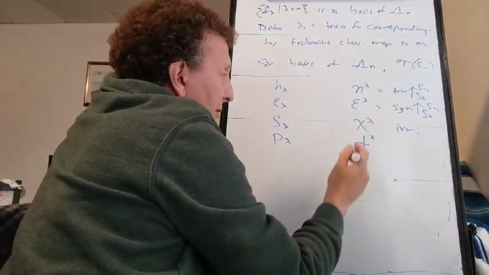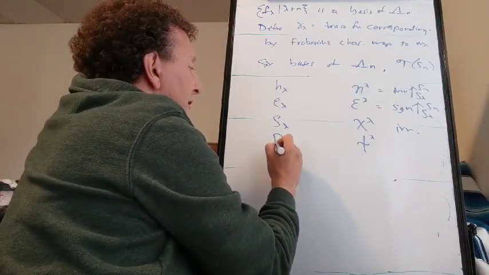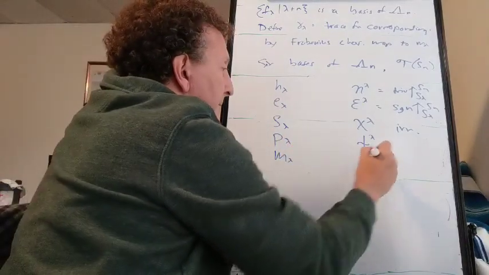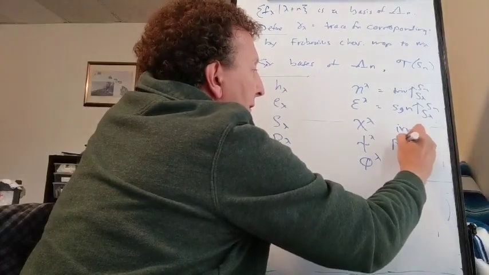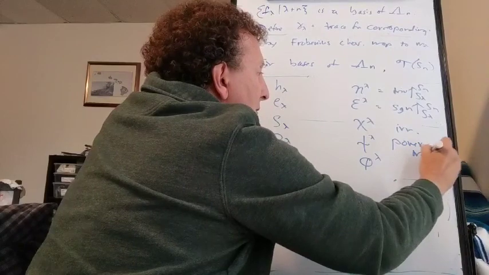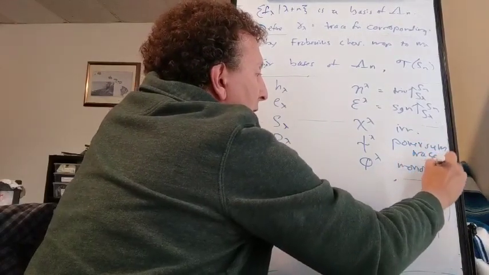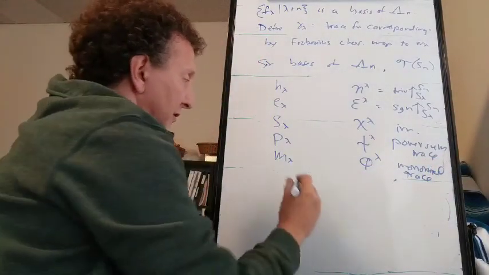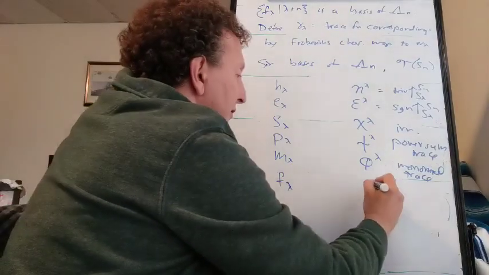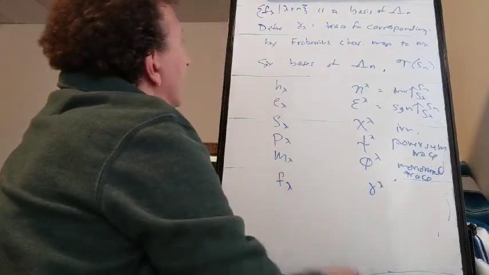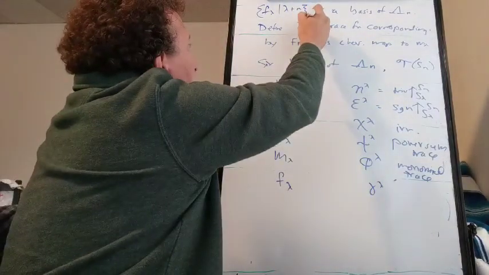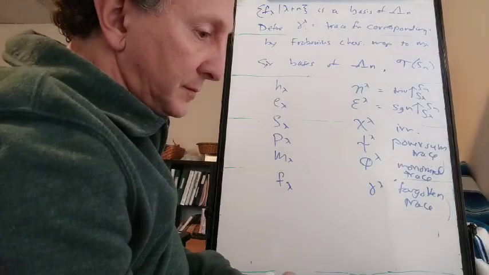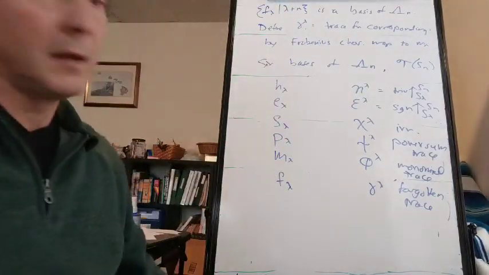And then we defined power sum traces corresponding to power sum symmetric functions, which are basically cycle type indicator functions. Monomial traces sort of artificially defined to be whatever corresponds to the monomial symmetric functions. And now we've got forgotten symmetric functions and the forgotten traces. The end.